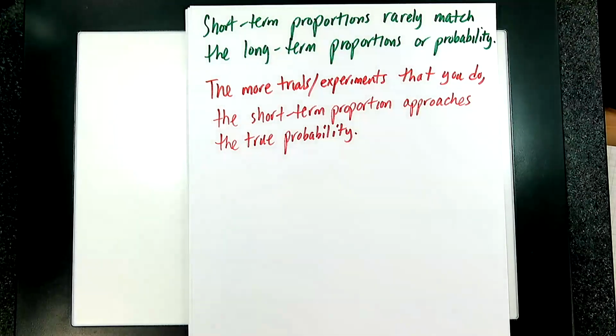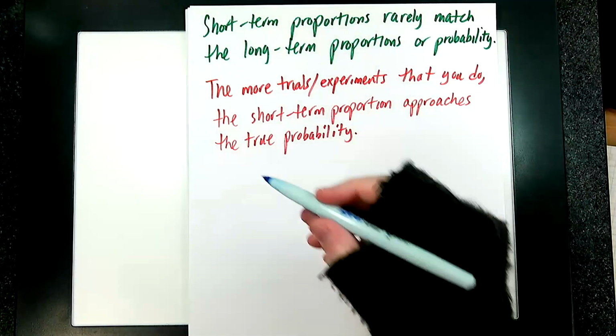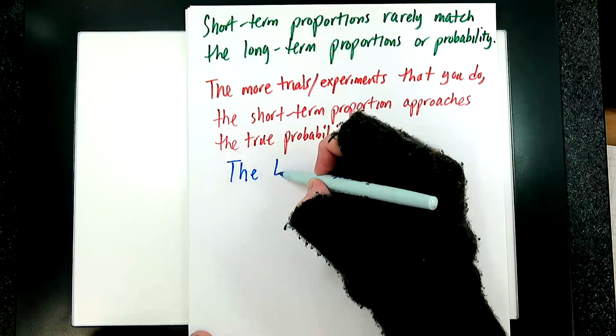This is so important to probability, they have a name for it. This is called the law of large numbers.